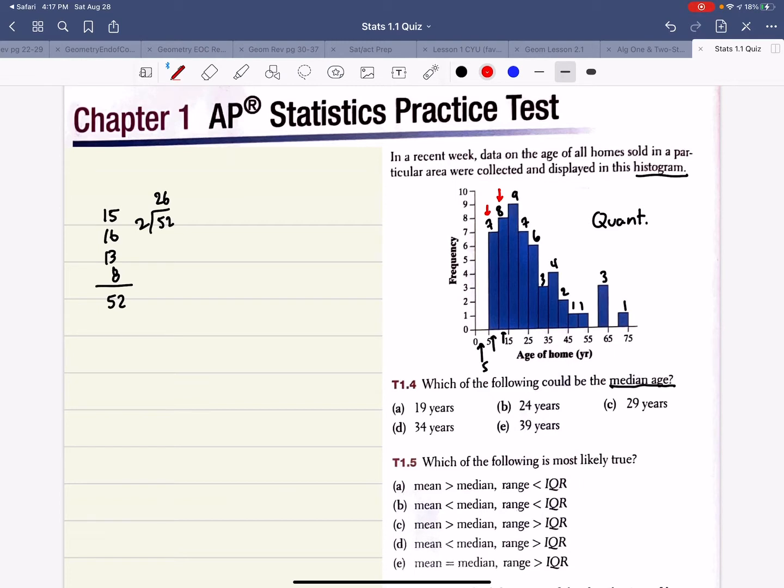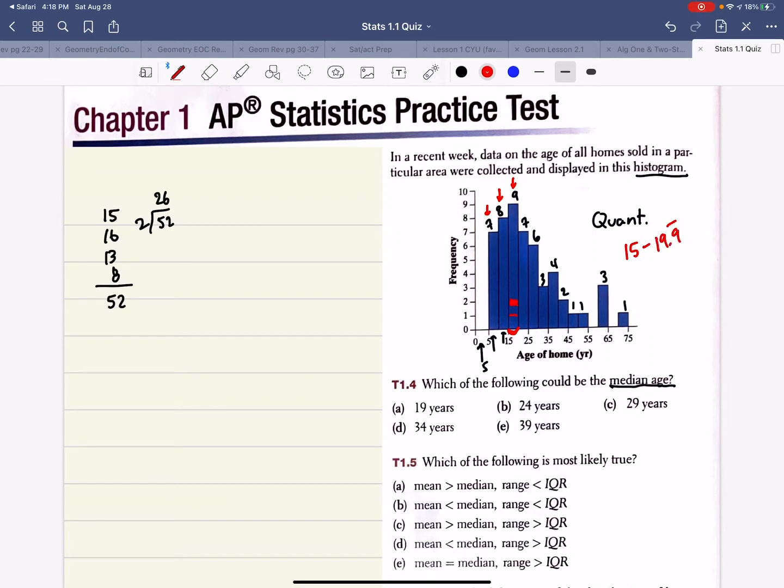Plus 9 is 24. So this would probably be 25, 26. It would be somewhere in this bin width. All right, so what would be in that bin width? It would be something between 15 and 19.9.